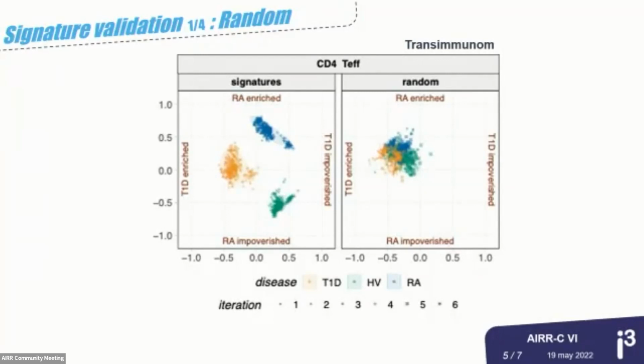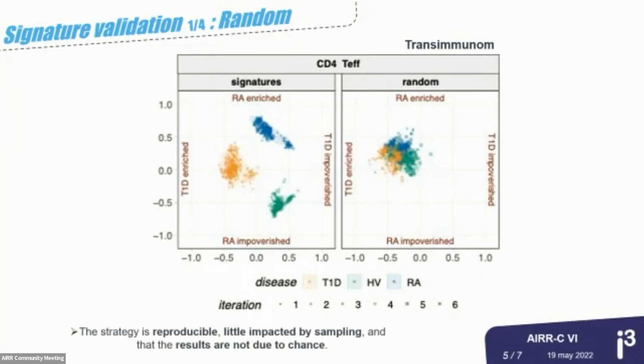The signature was calculated on 75% of patients of each disease. 6 random draws of the dataset were performed. These are the iterations. The random signature did not separate the patients, whatever the iteration, which shows that the strategy is reproducible, little impacted by sampling, and the results are not due to chance.